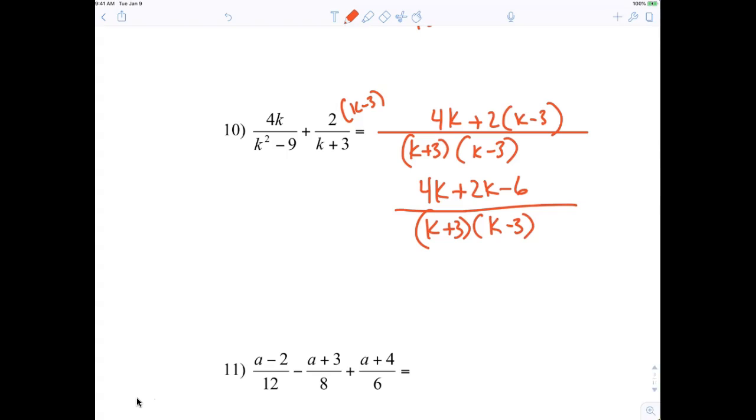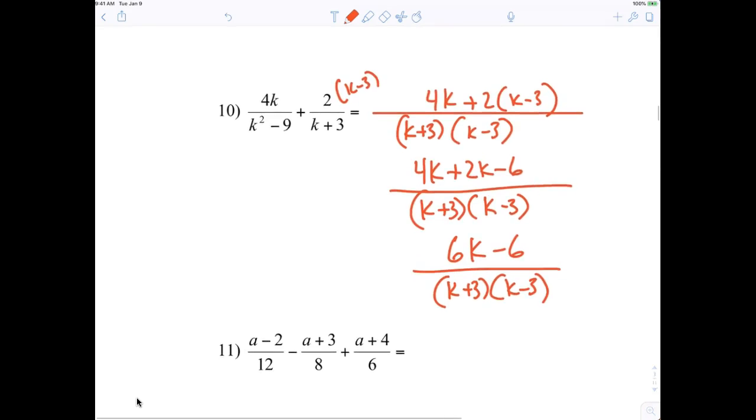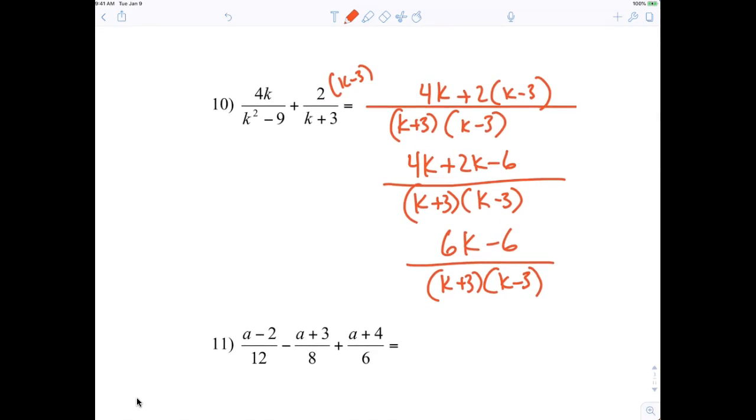Final answer. Beautiful. Good for you. How do you find the common denominator? Okay, let's talk about it. It's this easy. All right?